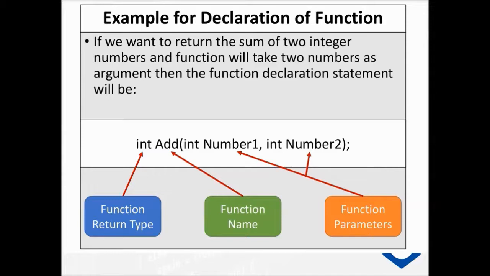In this function we have two variables named number one and number two, and both variables have the integer data type. We name this function add, and after solving the problem, this function returns a value, and that value is an integer type. So we use the return type int.